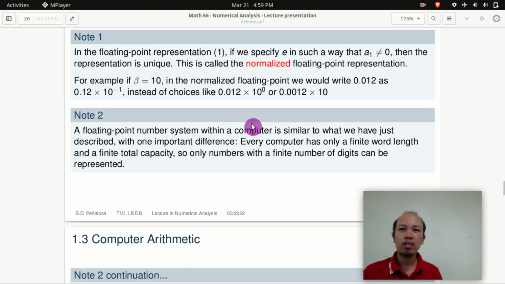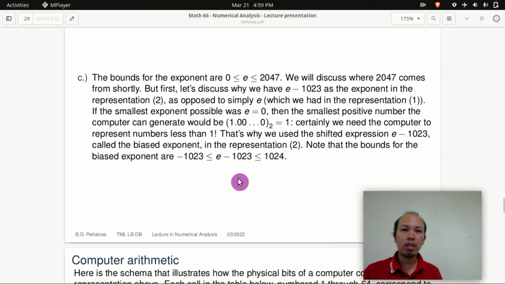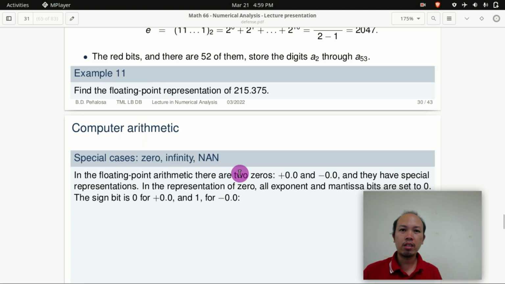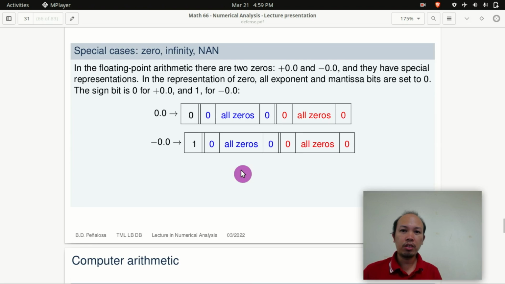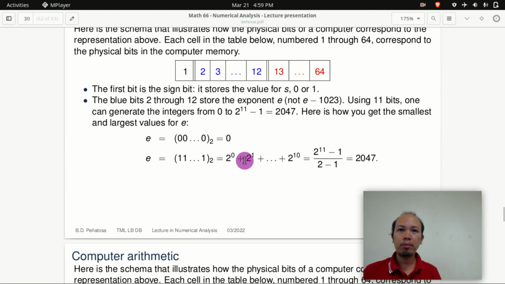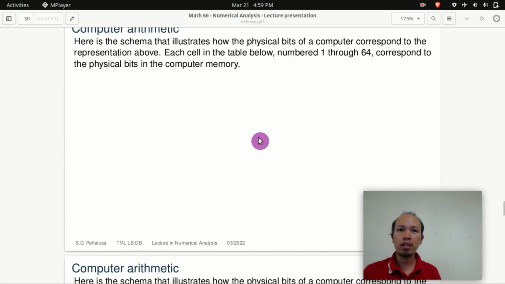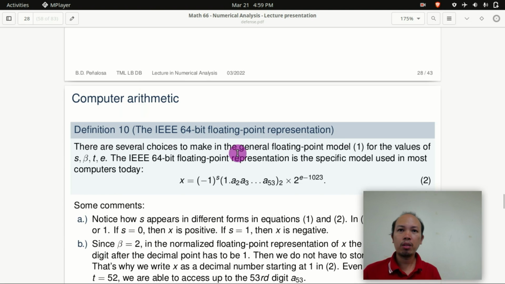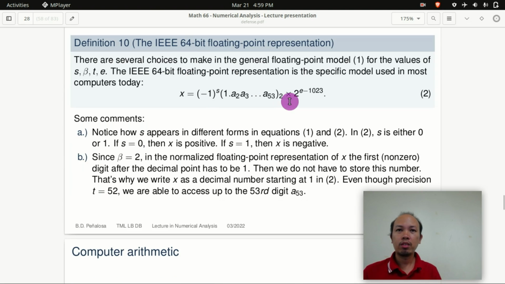If a sub 1 is not equal to 0, we have a normalized floating point representation. So we will now write our answer in terms of 1 point something, in terms of equation 2.